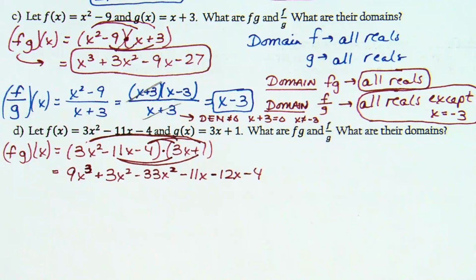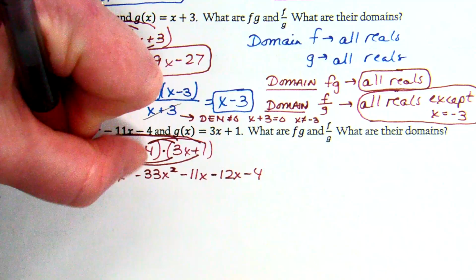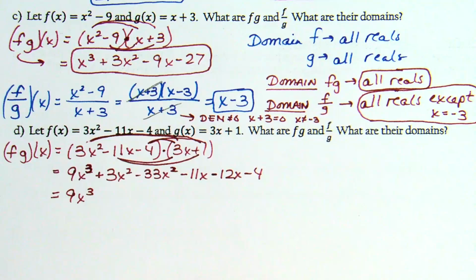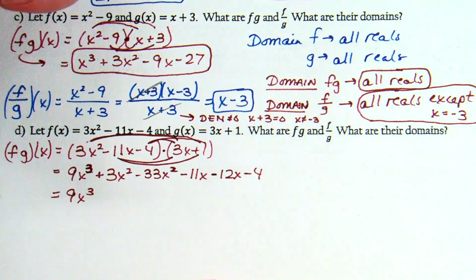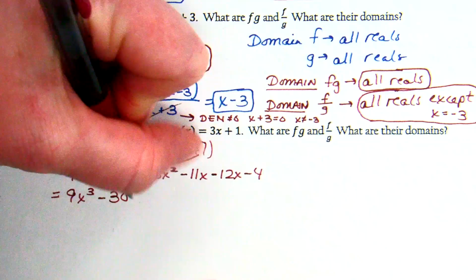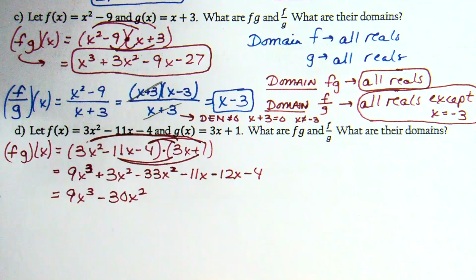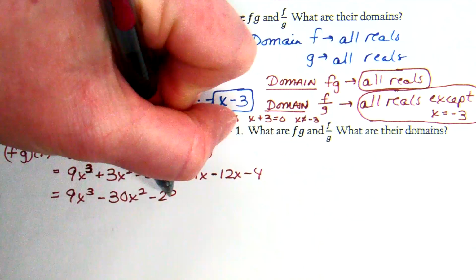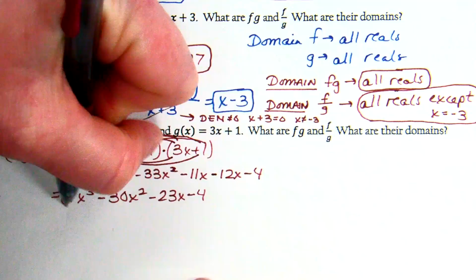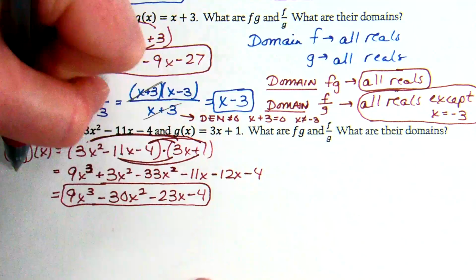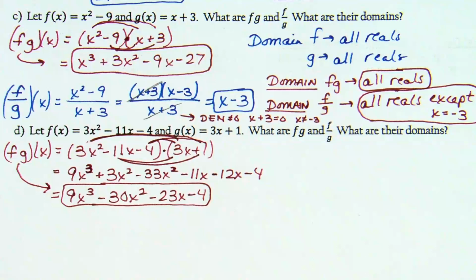Yeah. 9x cubed stays 9x cubed. 3x squared minus 33x squared. 3 minus 33? Negative 30x squared. Minus 11x minus 12x, minus 23x. And then minus 4. That is your f times g.